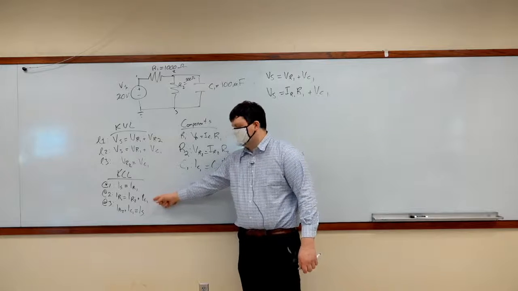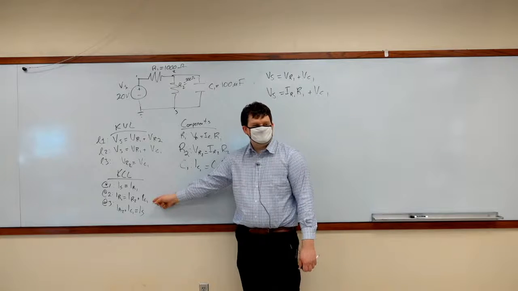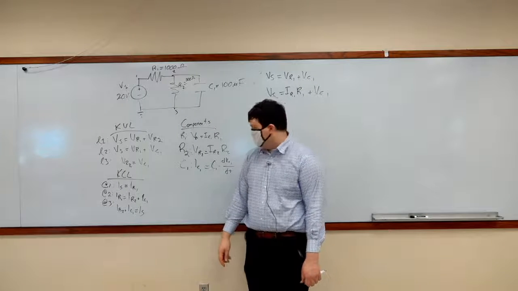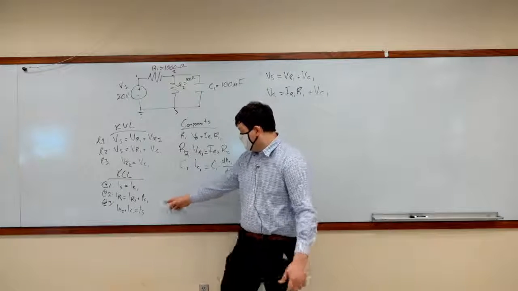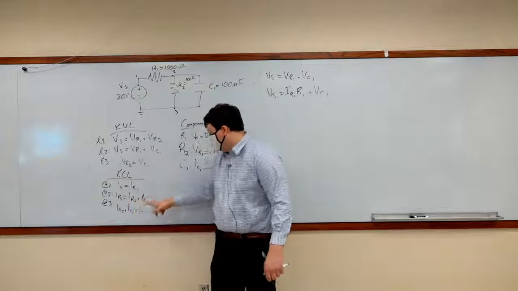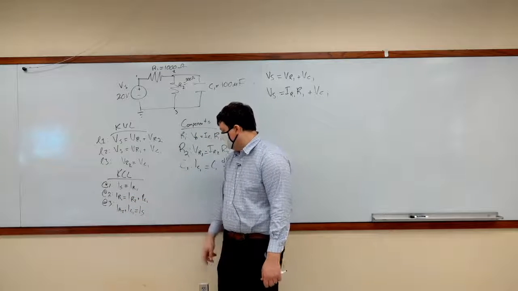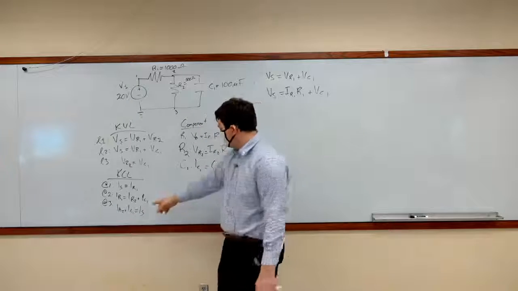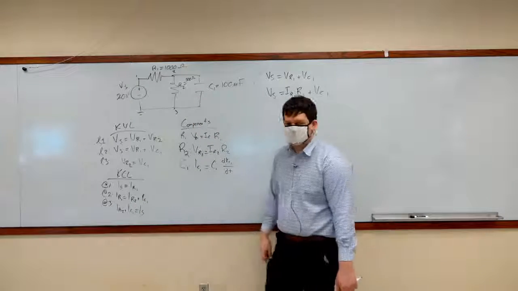We have this one. Why'd you pick that one? Because IC is related to VC. It's got this one that we want, and it's got this one that we need, right? That makes sense. The problem is we got this IR2, but I guess we'll deal with that later.